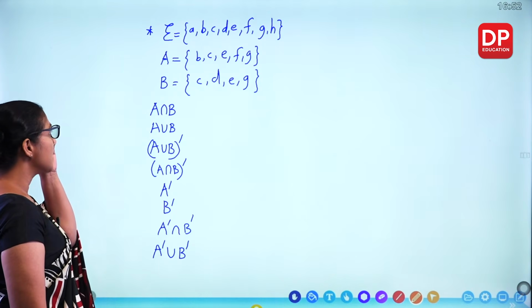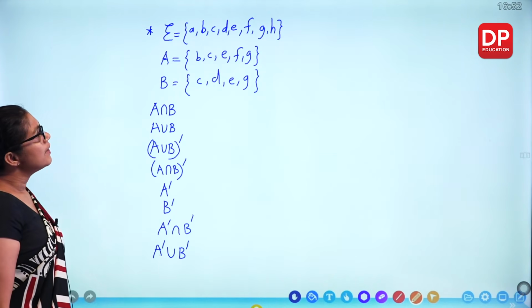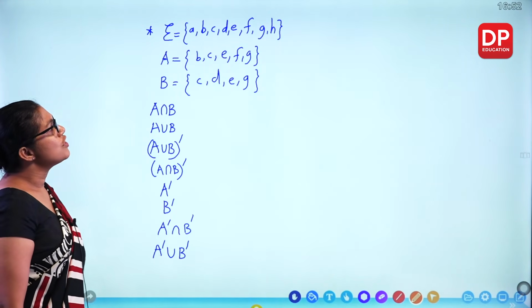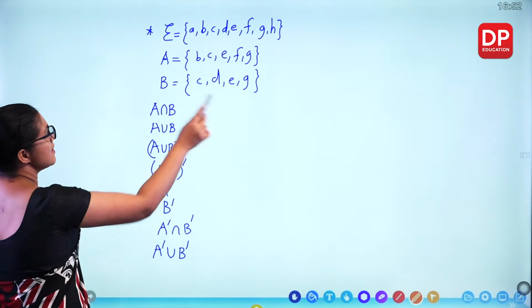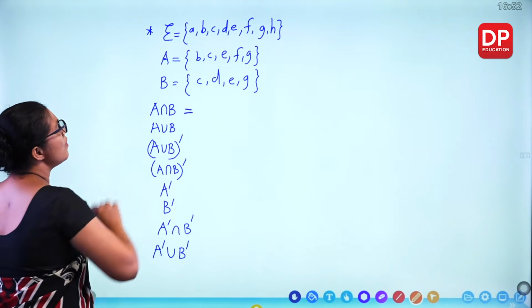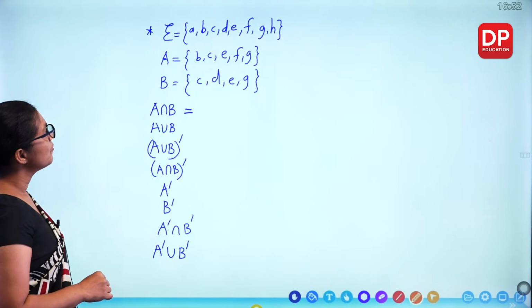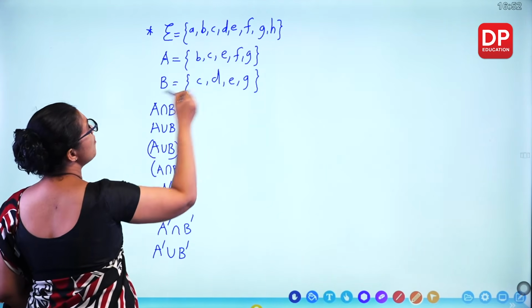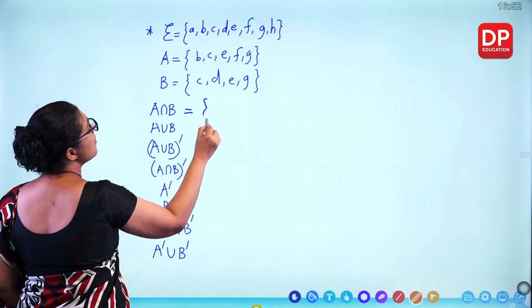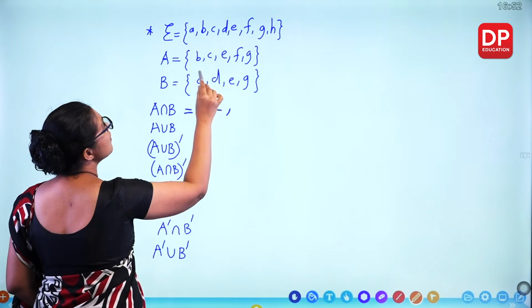Now we'll take this example. A, B, C, D, E, F, G, H is the universal set. A is that one, B is this. You are asked to write down A intersection B. What is A intersection B? Common terms for both. C is common. What else?